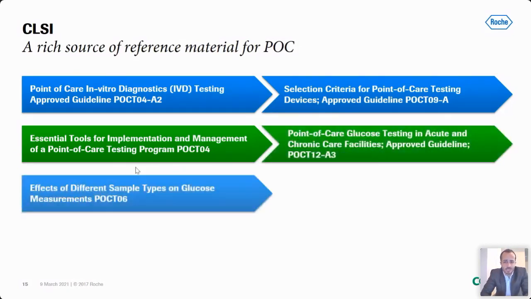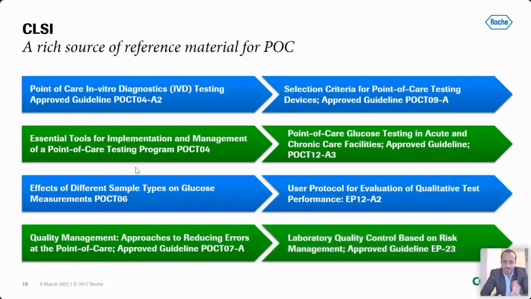We are also looking at point of care glucose testing in acute and chronic care facilities, an approved guideline, POCT12-A3. This is a dedicated CLSI guideline regarding glucose testing inside hospitals and chronic care facilities. And the list goes on in terms of what is needed inside our point of care unit to make sure we have complete quality management as well as a risk management approach for our point of care testing.